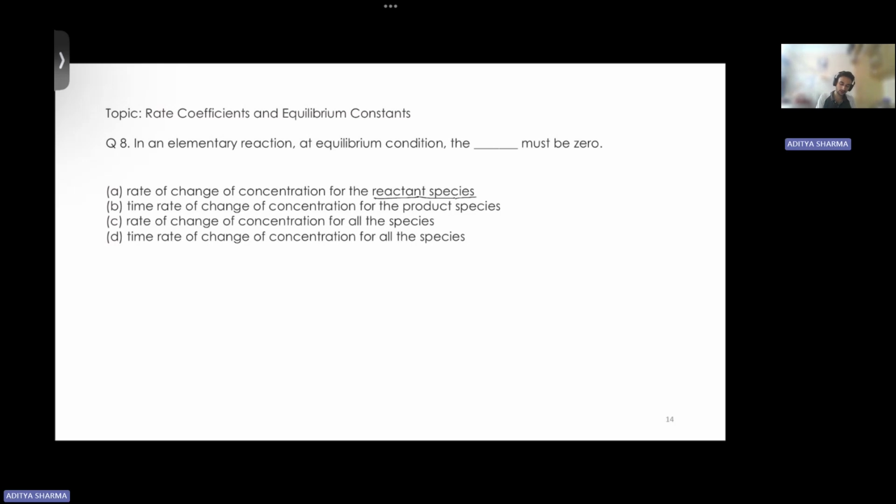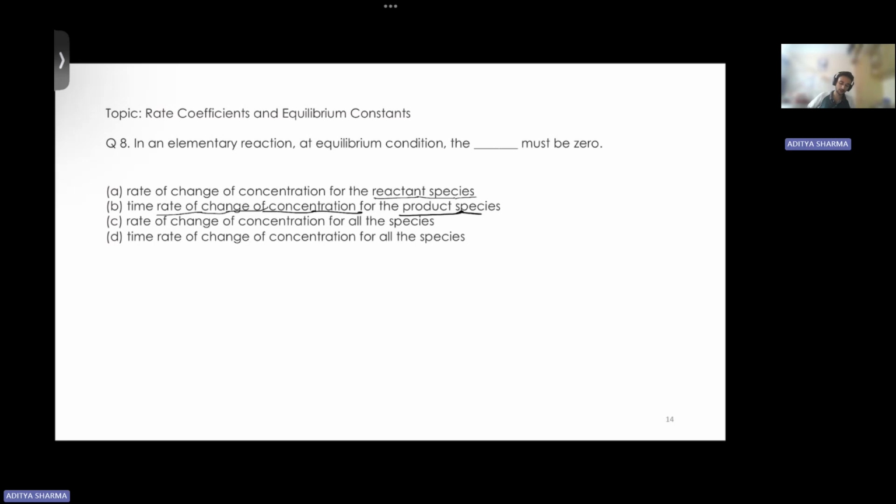So the second option states that it's just not the rate of change of concentration, but this rate of change is with respect to time, and that too not for reactants, but for product species.